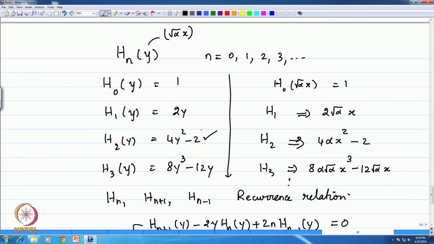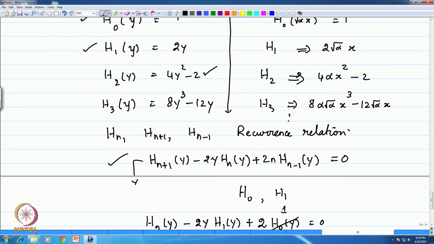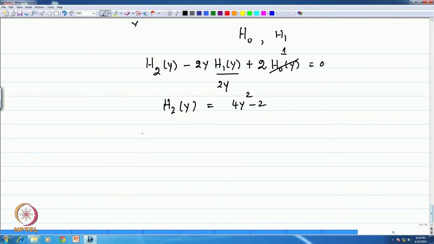So if we knew H0 and H1 from mathematics and also the recurrence relation, then in principle we can calculate any Hermite polynomial Hn from the previous two. One exercise would be to show that H3 of y is equal to 8y cube minus 12y, and so on.